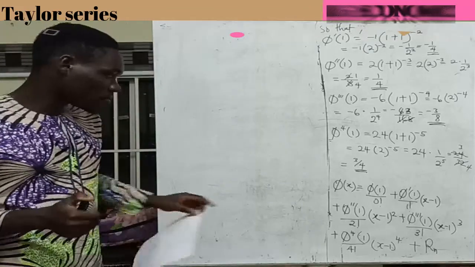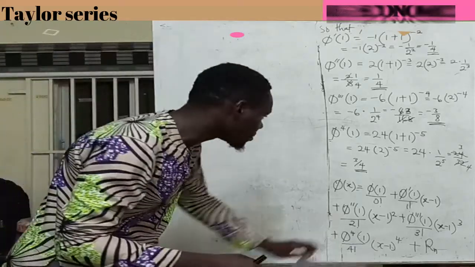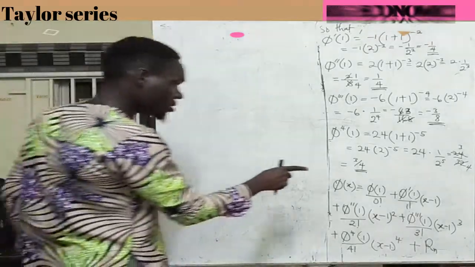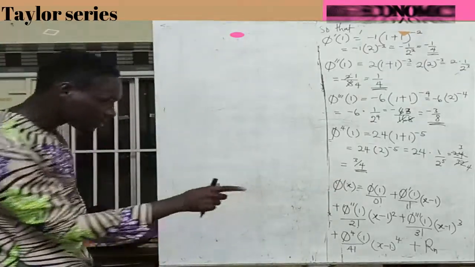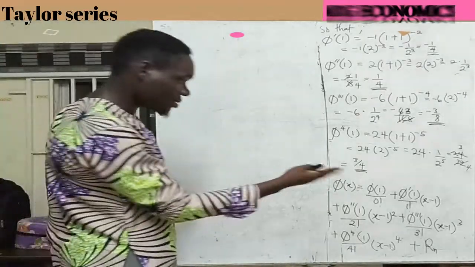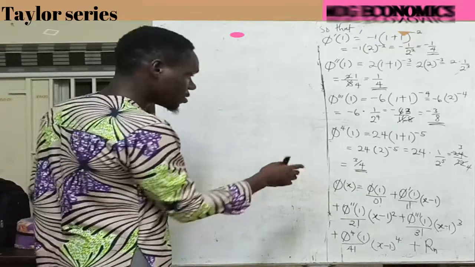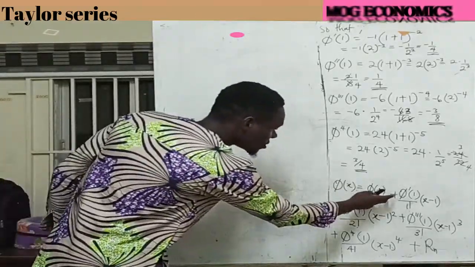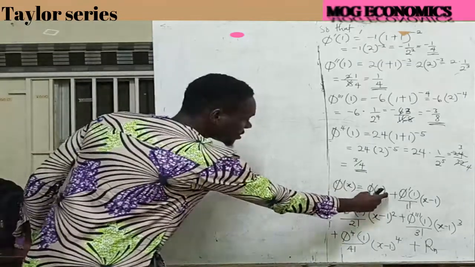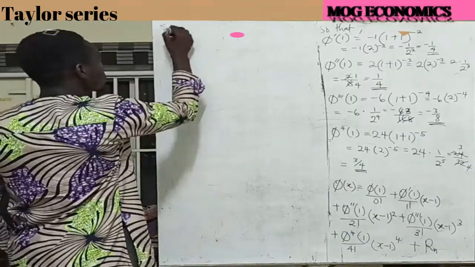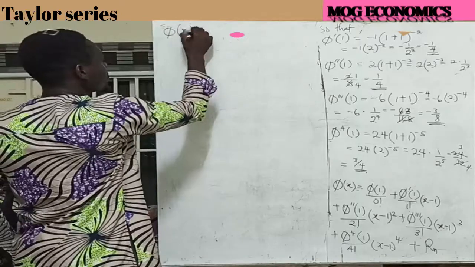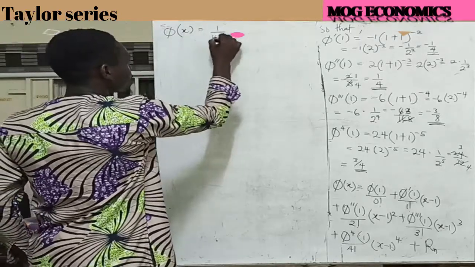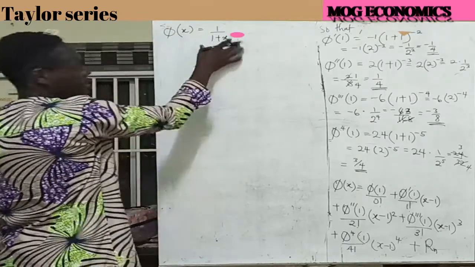So all right. Now from our results here, we have to start substituting values and then simplifying the whole expression. In the first case, we haven't gotten a value for this yet. Our original function is 1 over 1 plus x.